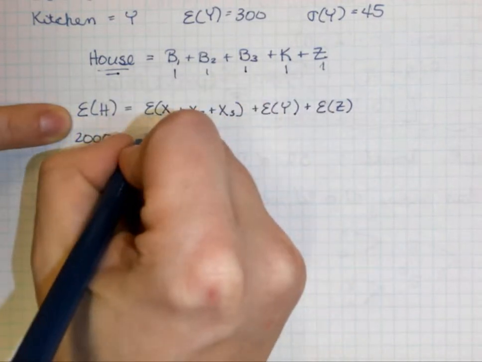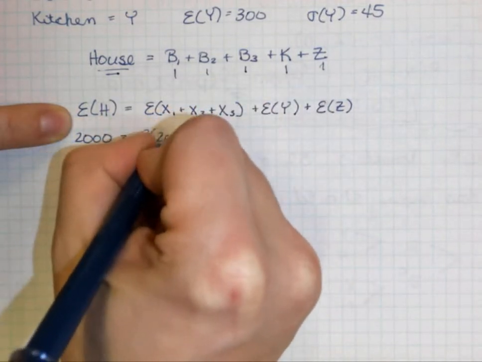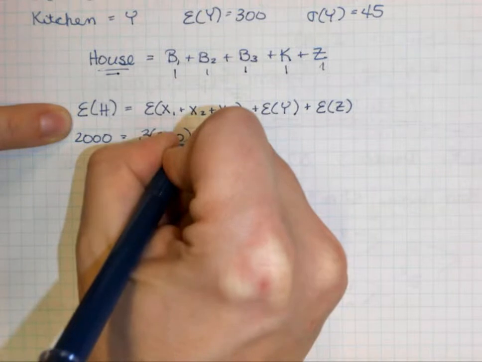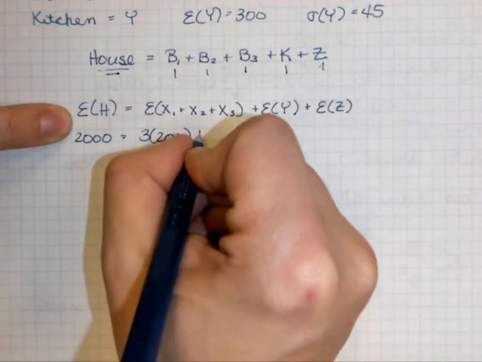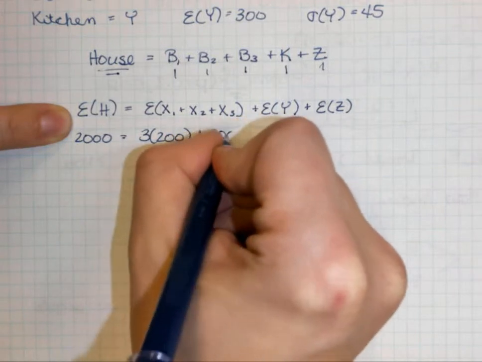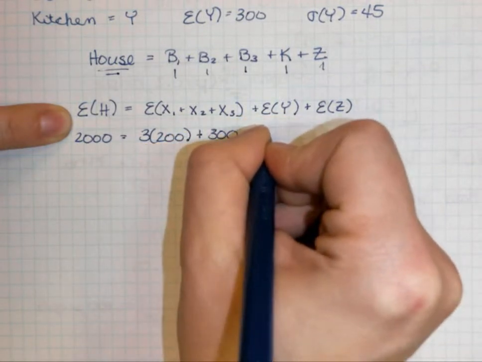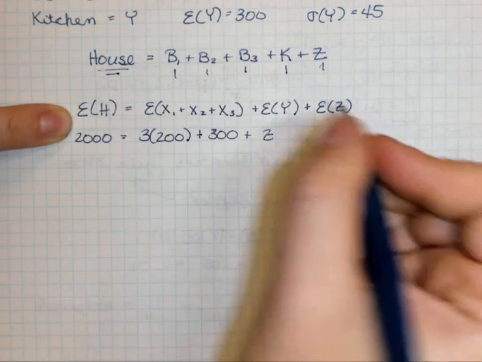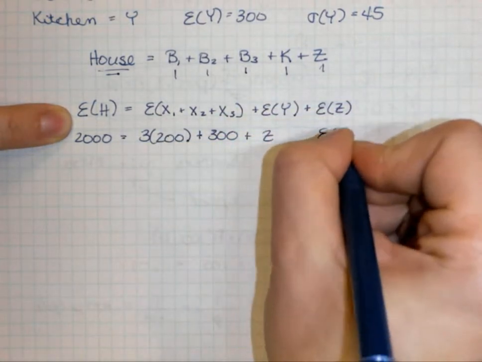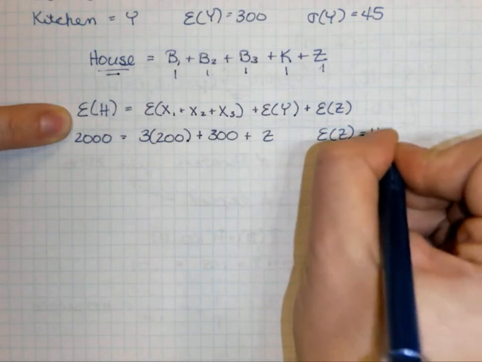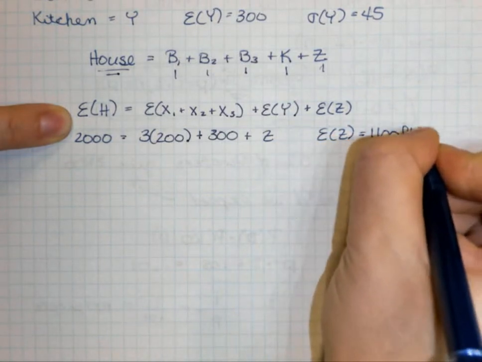We know each of the bedrooms, so I'm going to say 3 times 200. And then I've got the kitchen, and I have other stuff. So when I go to solve this, you get that expected value of the other stuff is 1,100 square feet.